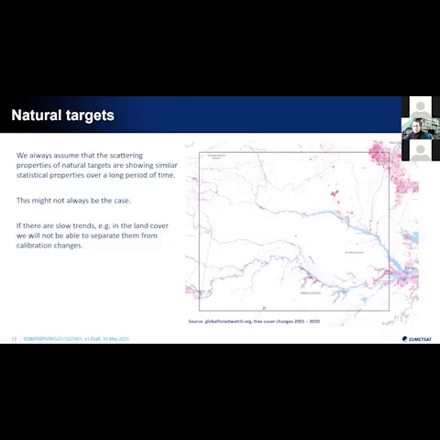The thing with the natural targets, though, is that the underlying assumption is that you have a signal which doesn't change, which you can never tell for natural targets. So it's not really clear: if you see a change, does it come from changes in the surface or changes in the observable, or does it come from anything on the instrument?